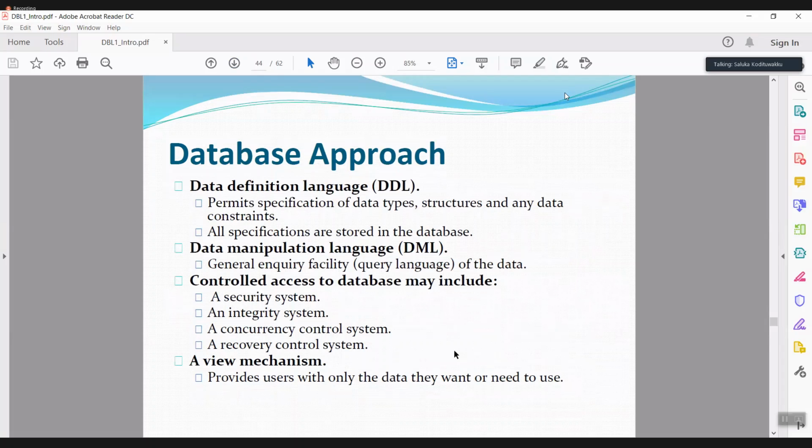Okay, now when we shift to the database approach, usually when we want to manipulate a database, in the DBMS approach, it provides a particular language component in order to manipulate the database.